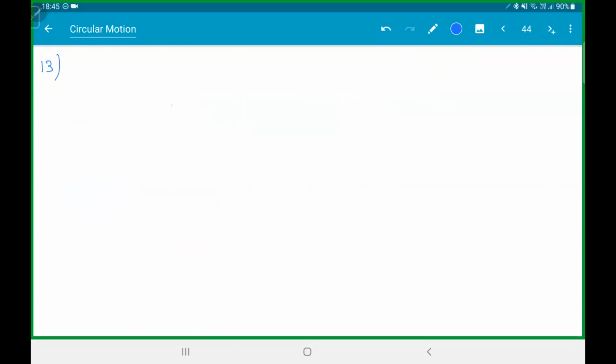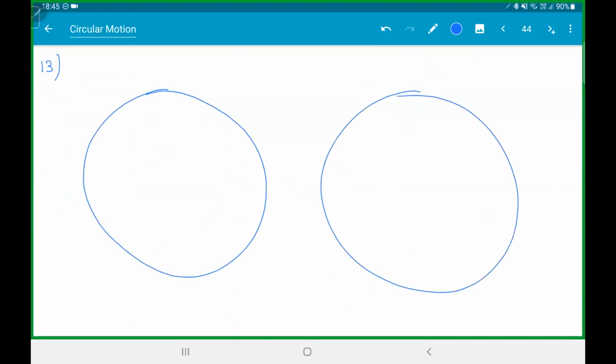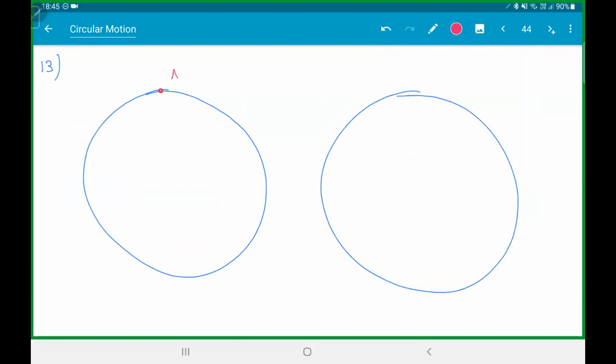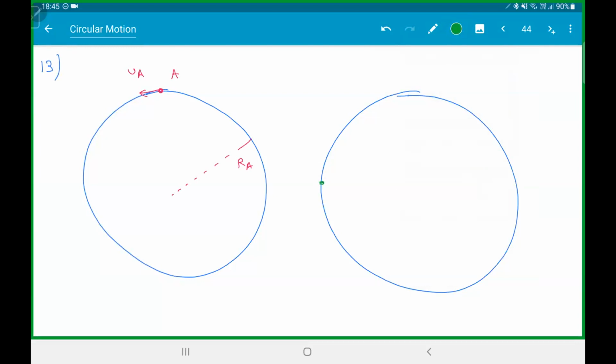Suppose if I ask you something like this. So there are two particles going on a circle. This is point A going with UA. Radius is RA. This is UB, and this is RB. So this is exactly like this.